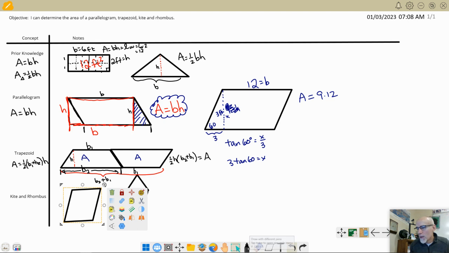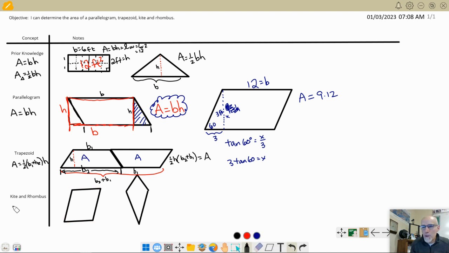So for the rhombus, because it is really just a parallelogram, remember, a rhombus is a parallelogram with four equal sides, in a bubble here I'm going to put down the area is base times height. But it also has this other formula that comes into play.